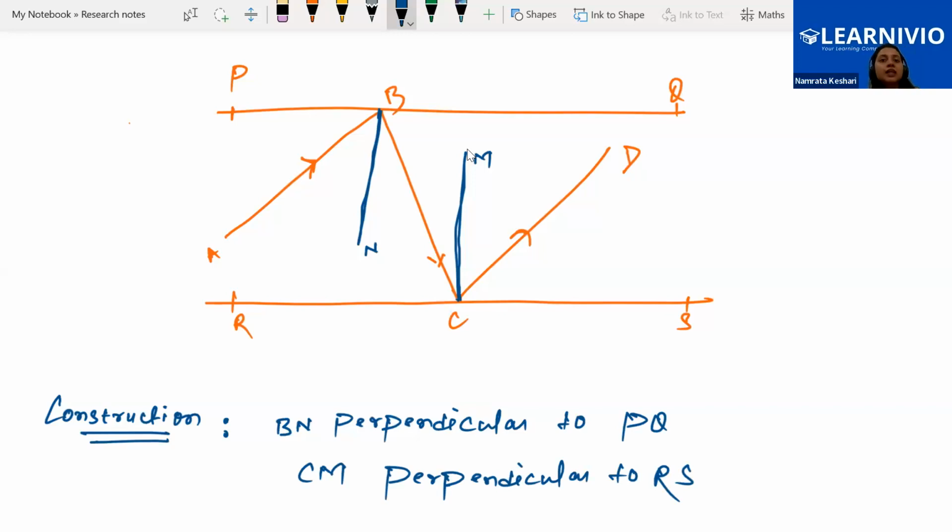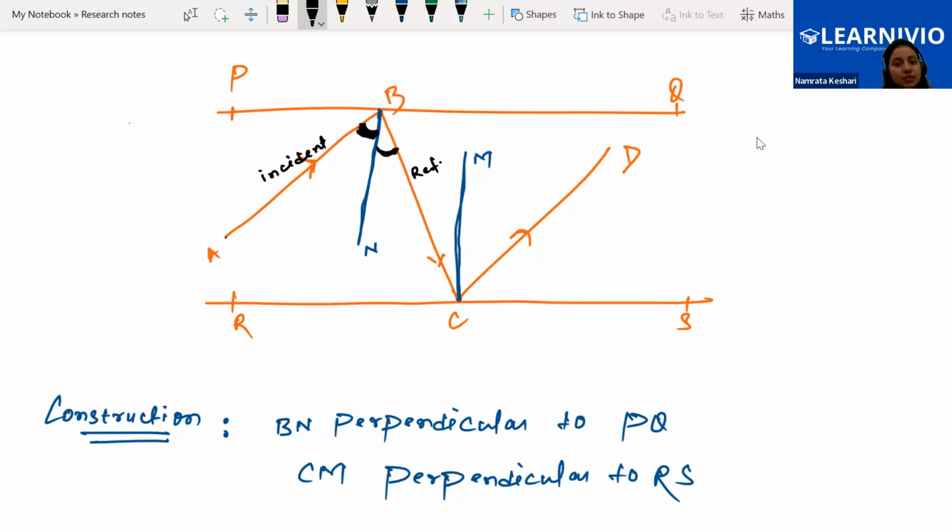Now, in the hint portion I have added that angle of incidence is equal to angle of reflection. I am talking about this angle. If you have learned this concept in physics, well and good, you can check it along the perpendicular. This angle of incidence must be equal to this angle. AB is the incident ray, and this is the reflected ray.